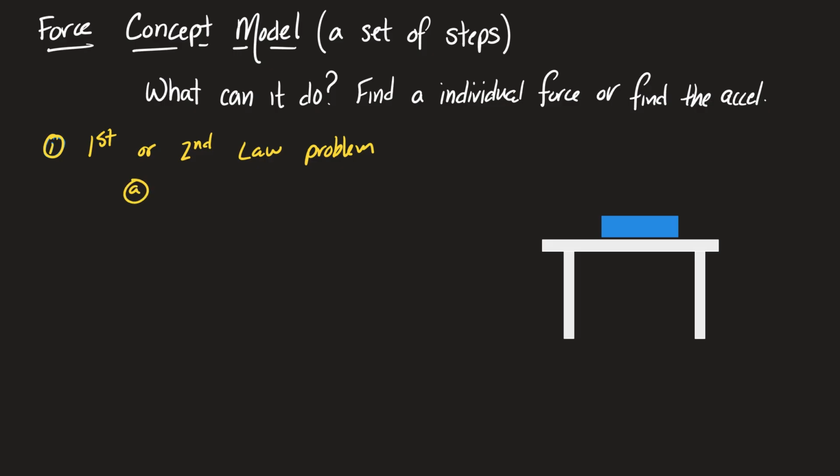So is it accelerating? You're asking yourself this question. If it's not accelerating, it's a first law problem. If it is accelerating, it's a second law problem. Notice I didn't say moving, because it can be moving and not accelerating.